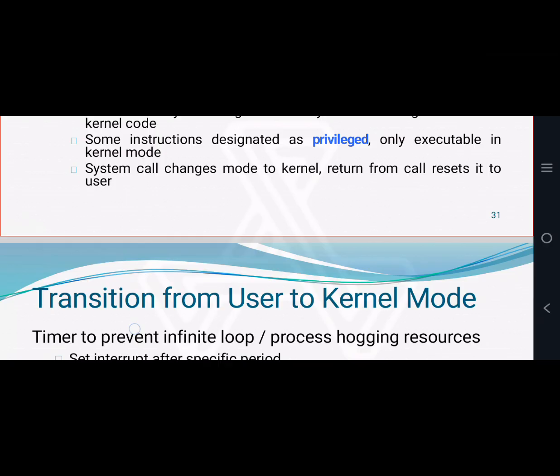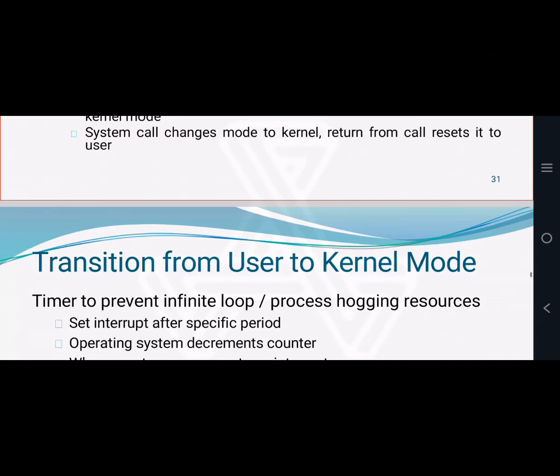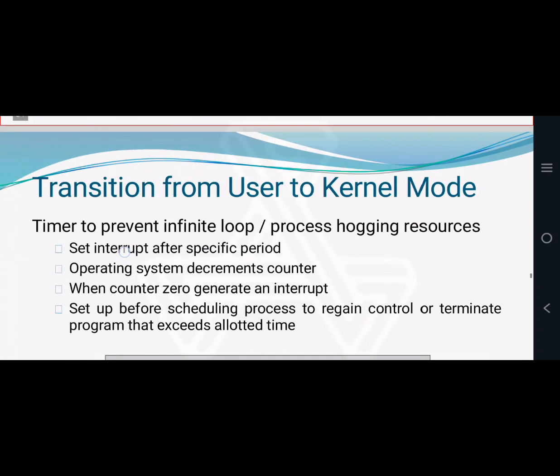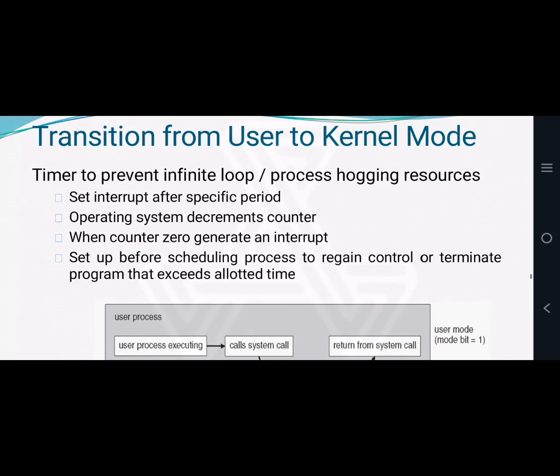A system call changes the mode to kernel; return from the call resets it to user. Transition from user to kernel mode. A timer prevents an infinite loop or process from hogging resources. Set an interrupt after a specific period. The operating system decrements a counter; when the counter reaches 0, it generates an interrupt.